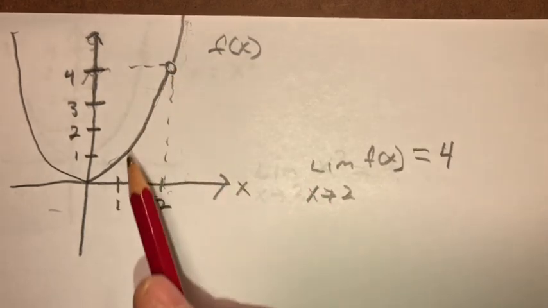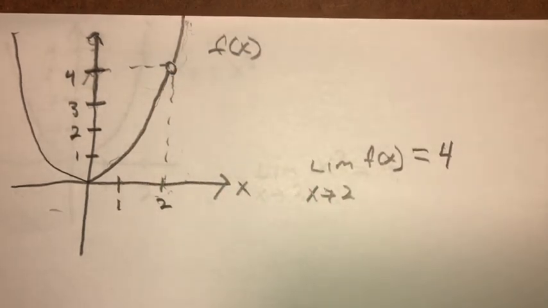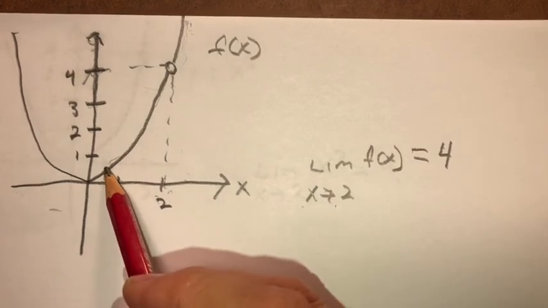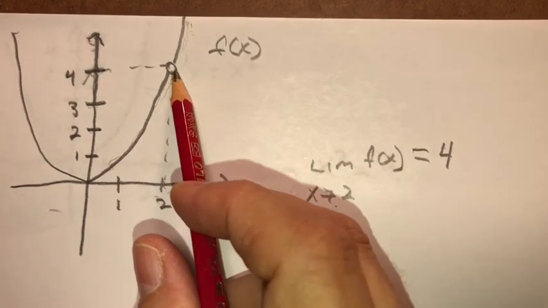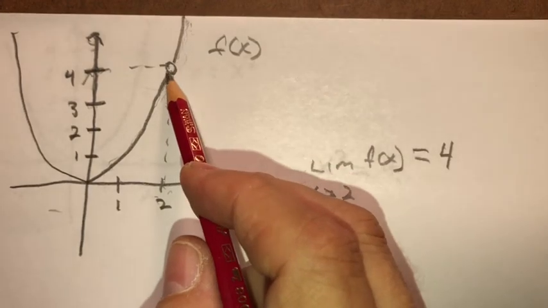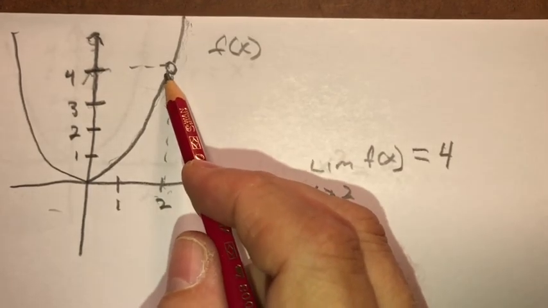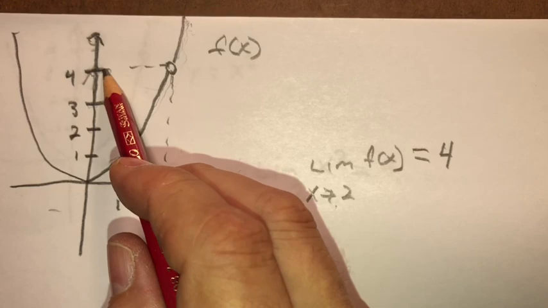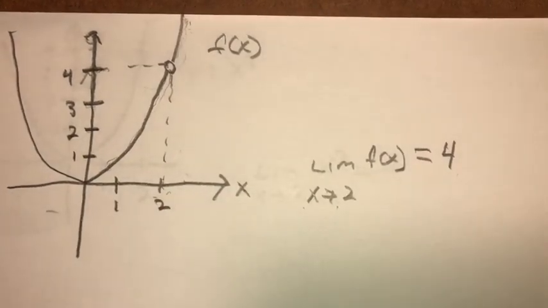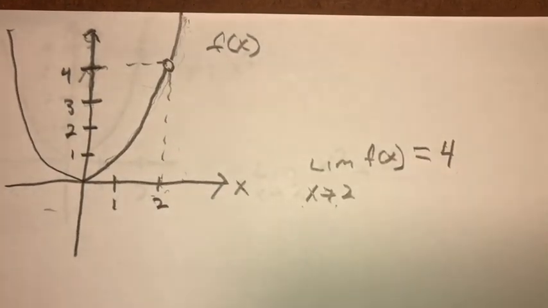So f of 2 doesn't exist, because it's missing. It's 1 point missing out of this. But the limit can still exist as I approach 2, as long as I approach from the left and approach from the right and am approaching the same value, 4. So this limit exists.